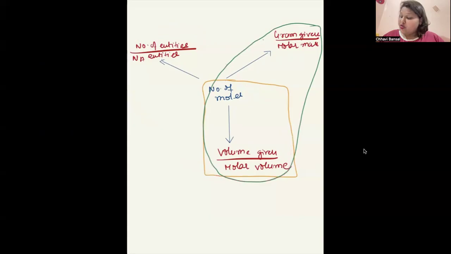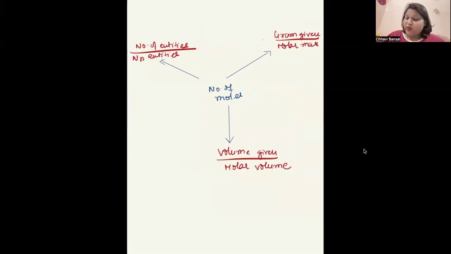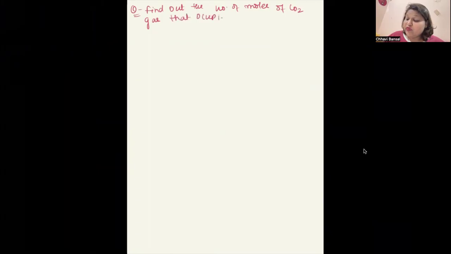Okay. So let's do some questions one by one. Find out the number of moles of CO2 gas that occupies 44.8 liter of volume at STP.